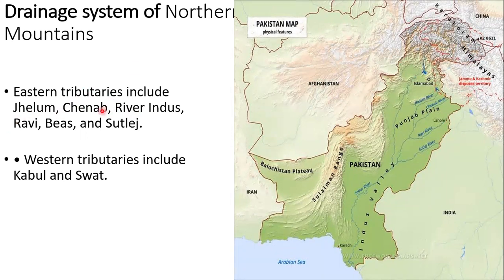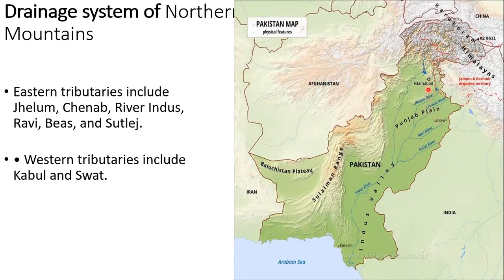So the main rivers are the Indus and the tributaries of the Indus, like the Jhelum River, the Chenab River, the Ravi, the Satluj, and one old river called Beas. Fine, they are the main rivers, and this land of rivers is called Punjab.